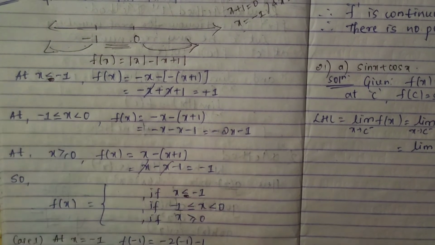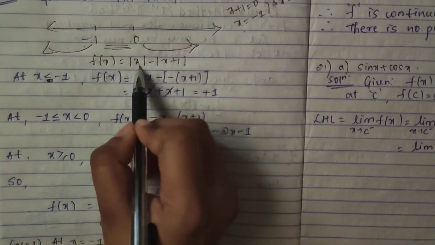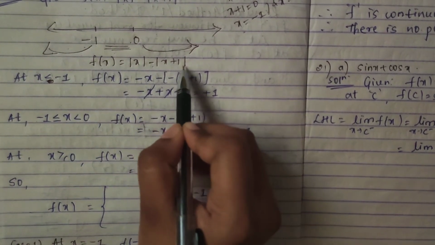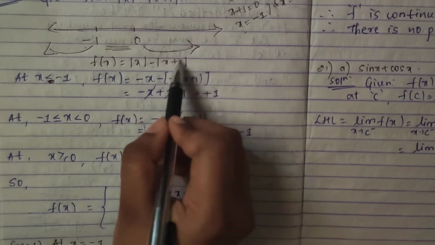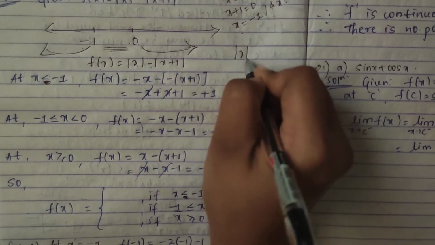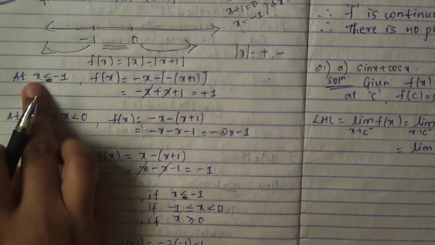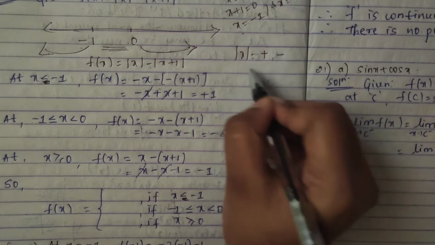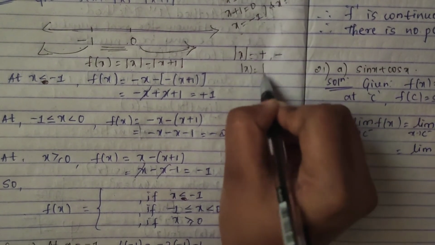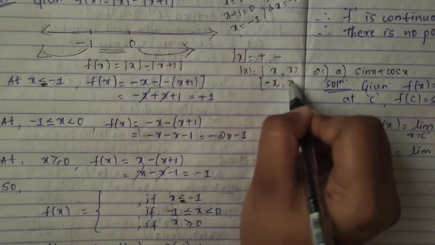At x less than minus 1, your f of x is mod x minus mod of x plus 1. For this we have to check the less than minus 1 case. Mod x is plus x or minus x: plus x for x greater and minus x for x less.